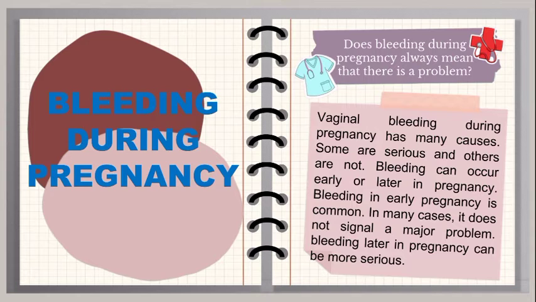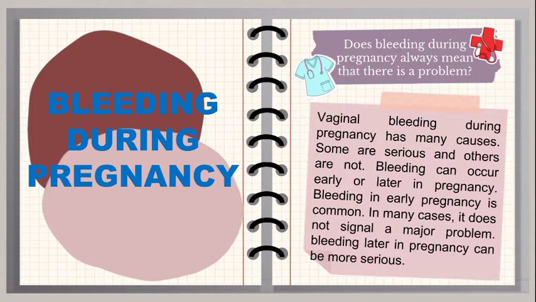Molar pregnancy is rare. That is why it is recommended that we regularly attend our prenatal check-ups, so that any problem in your pregnancy can be found as early as possible and treated, to keep your baby healthy.